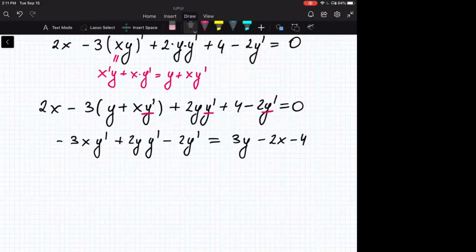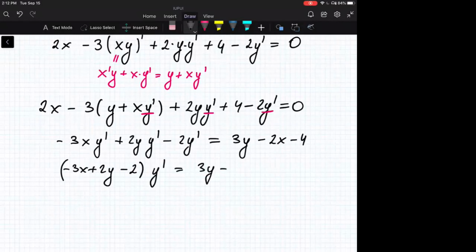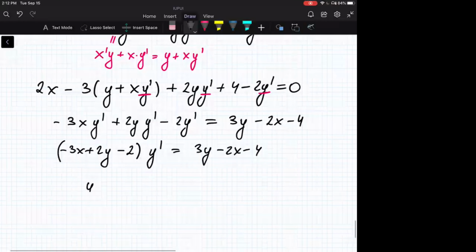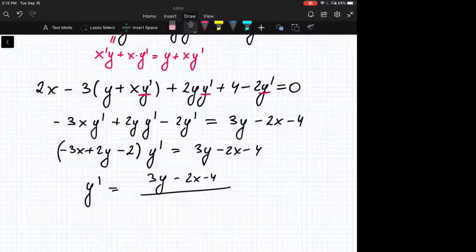And again, y prime is a common factor, and I get (minus 3x plus 2y minus 2) times y prime is equal to 3y minus 2x minus 4. And the last step is to divide by that coefficient and get that y prime is (3y minus 2x minus 4) divided by (minus 3x plus 2y minus 2). Okay.